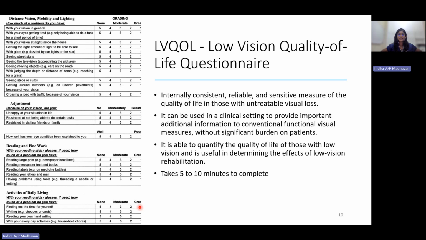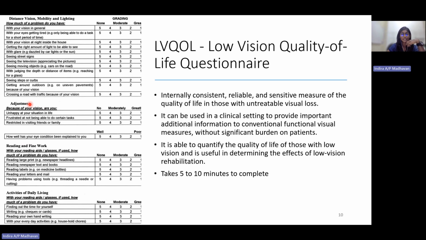And this LVQOL questionnaire is consistent, reliable, and sensitive in measuring the quality of life of a visually impaired person. It can be used in a clinical setting to provide information on functional vision measures. In addition to the task related history, this questionnaire also gives you an idea of where the patient is having problems in daily activities.